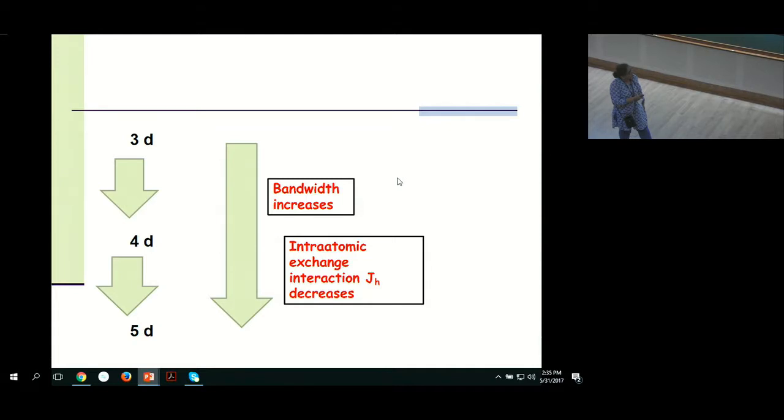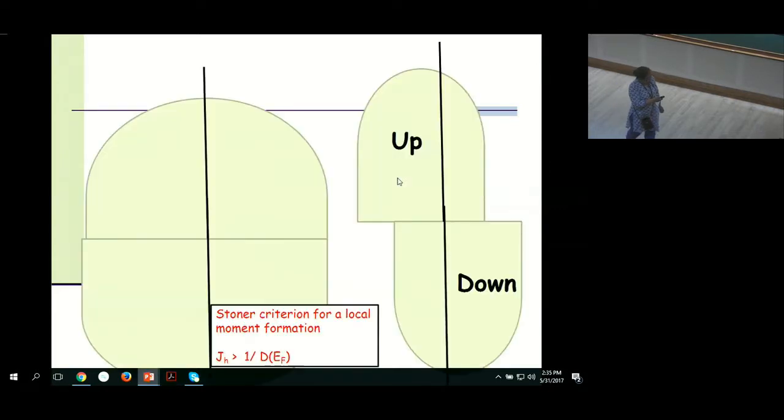Also in these materials, you have a decrease in the intra-atomic exchange interaction strength. Going back to the schematic, with this exchange interaction, some levels which were here have moved down, and so they've gained in energy, whereas some levels which were here have moved up, and so they've lost some kinetic energy in the process.